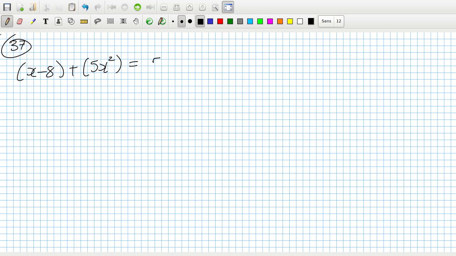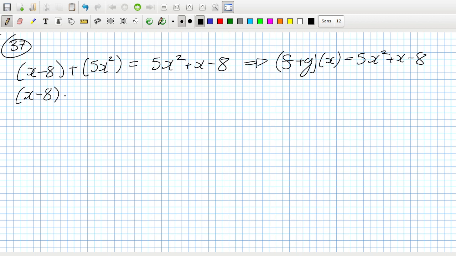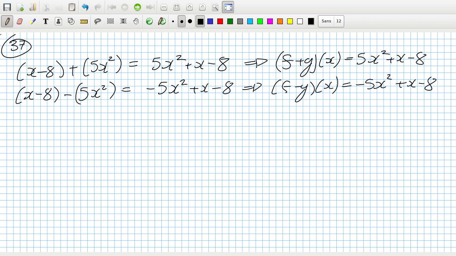That's equal to 5x squared plus x minus 8, which means the function f plus g of x equals 5x squared plus x minus 8. Then the subtraction. So that's nearly the same, 5x squared plus x minus 8. So that means the function f minus g of x equals minus 5x squared plus x minus 8.